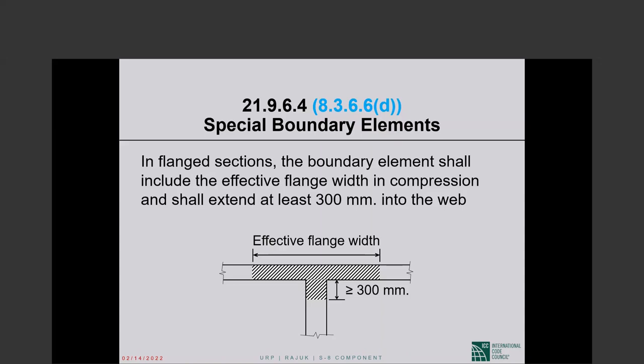If the boundary elements overlap, then you will have to confine the entire length of the wall. If you can live with that, fine. If you cannot, then you probably need more shear walls in your building. I don't know that it is a disaster. It's very uncommon.